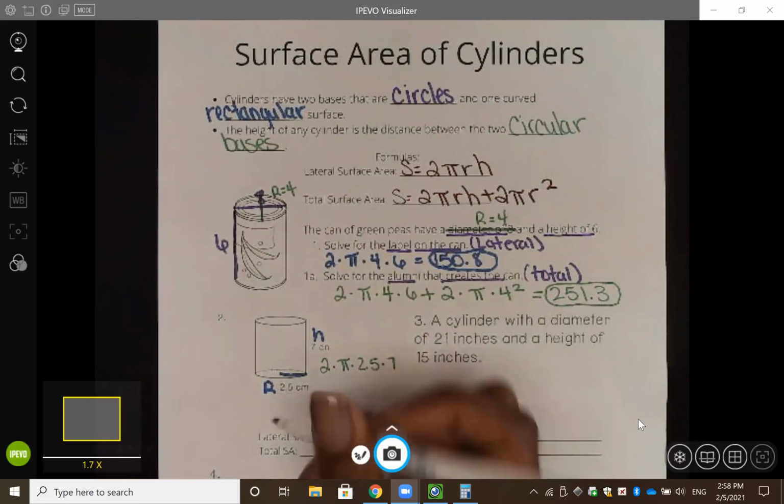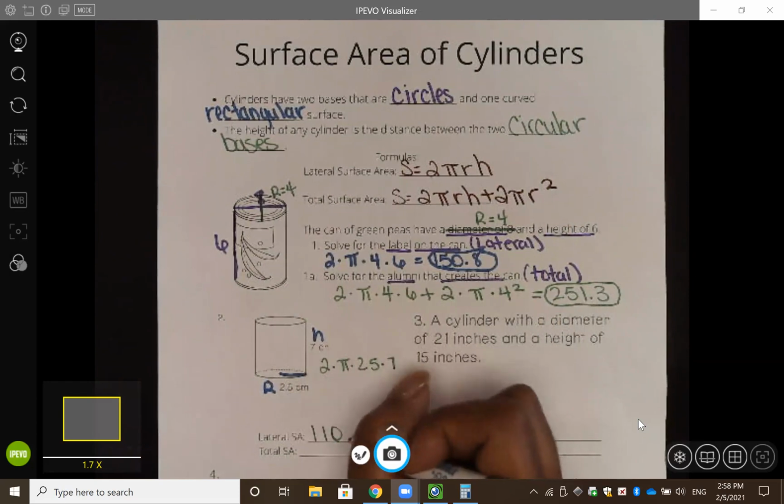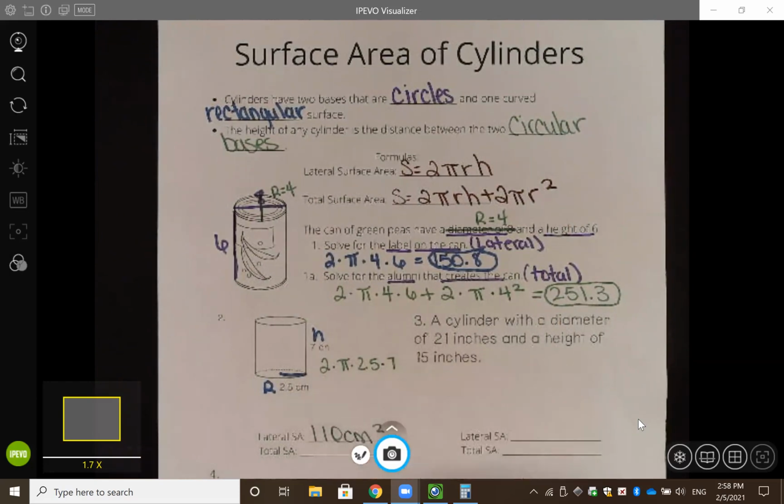So my lateral surface area is 110 centimeters squared.